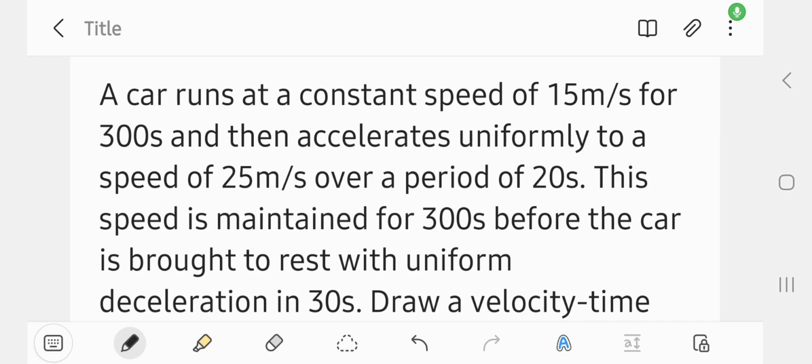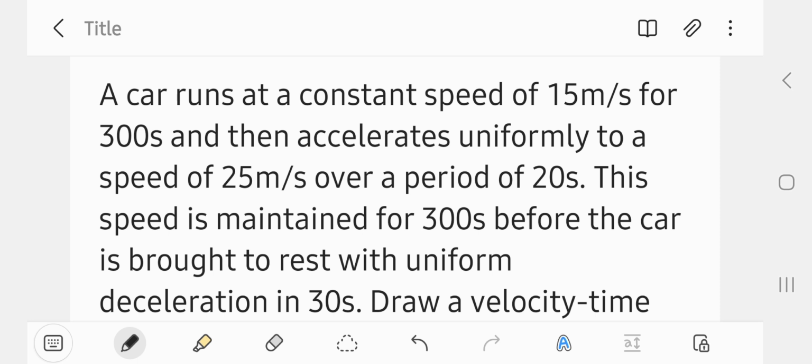Now let's look at this question and see how we'll go about it. A car runs at a constant speed of 15 meters per second for 300 seconds and then accelerates uniformly to a speed of 25 meters per second over a period of 20 seconds.